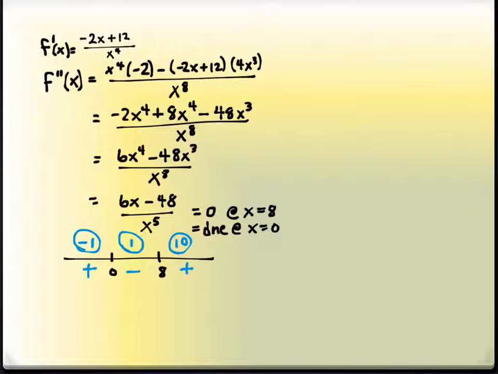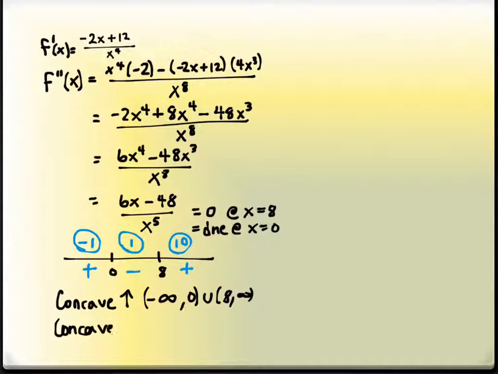All right. What do the positives tell us? Yeah, so it's concave up on -infinity to 0 and 8 to infinity. And it's concave down on 0 to 8.